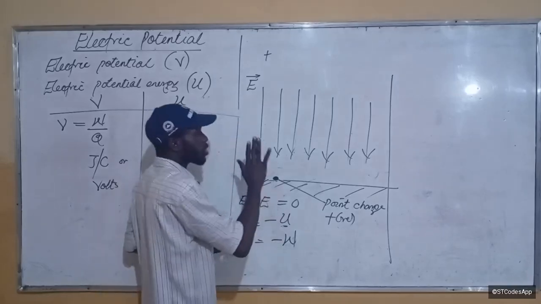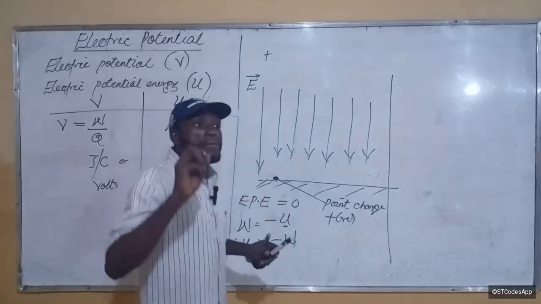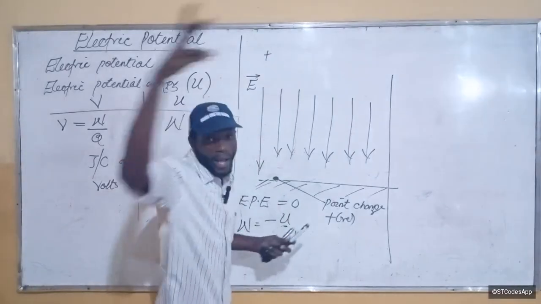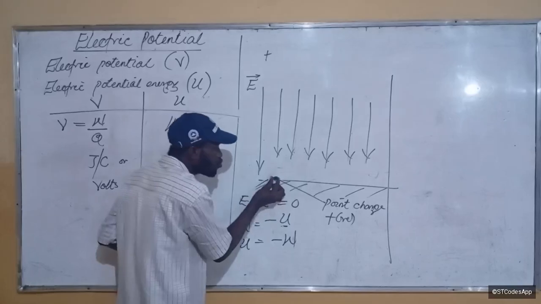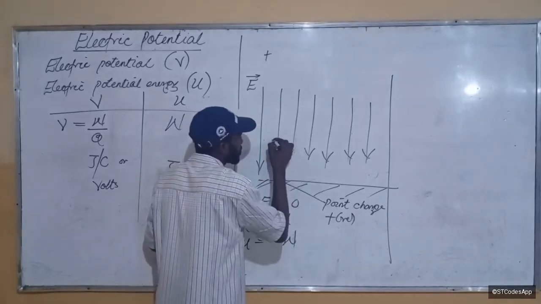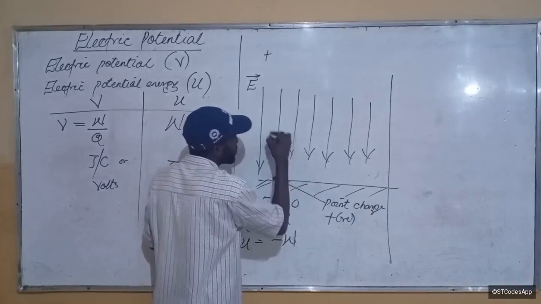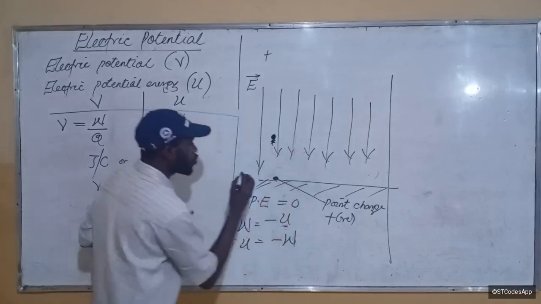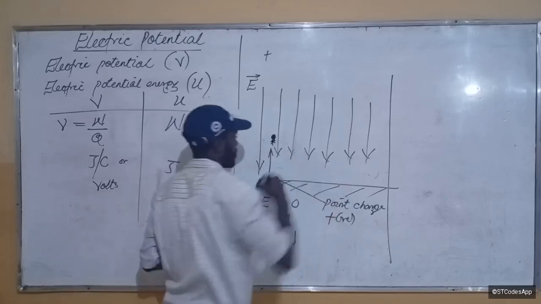Now, what if a force from somewhere is used to move this charge to a point around here? So our charge is now here in the electric field. Where's the direction of movement? Here.